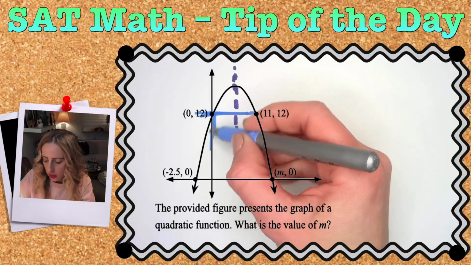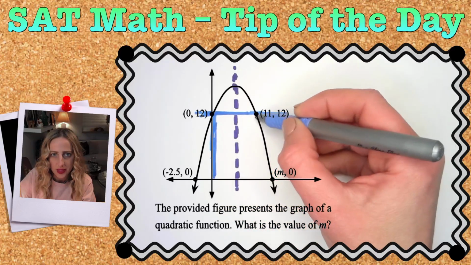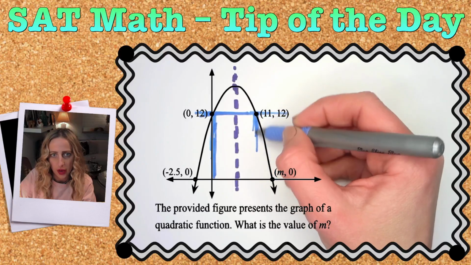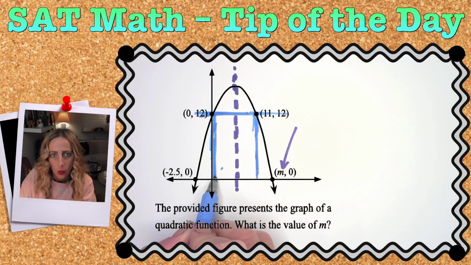If I draw a line straight down over here, I know it's 12 units up, and the same is true for right here. If I draw a line straight down to my x-axis, it's 12 units up. I'm going to make a little bit of an L here: down 12 and over 2.5.